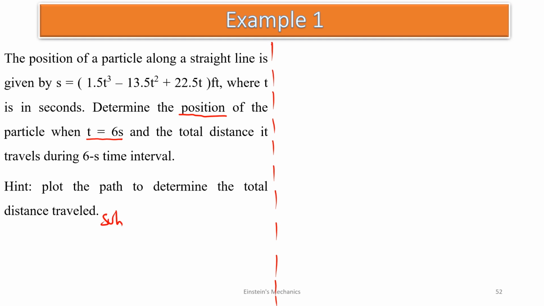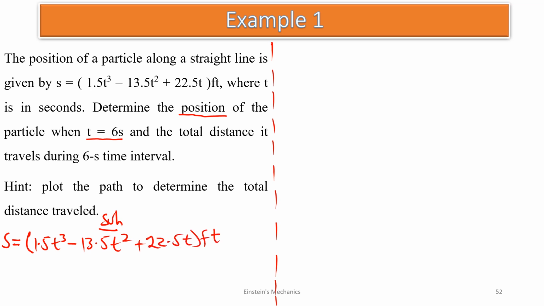Writing down our parameters, we have the position of the particle as a function, which is 1.5t^3 - 13.5t^2 + 22.5t in terms of feet.